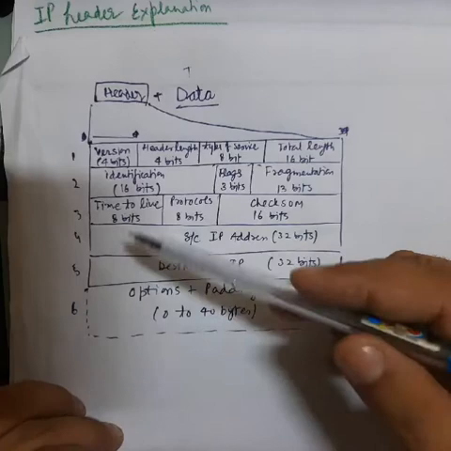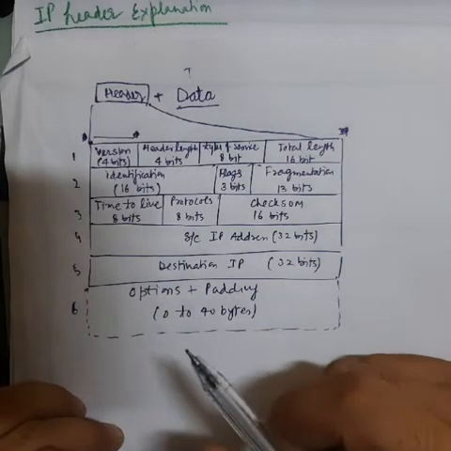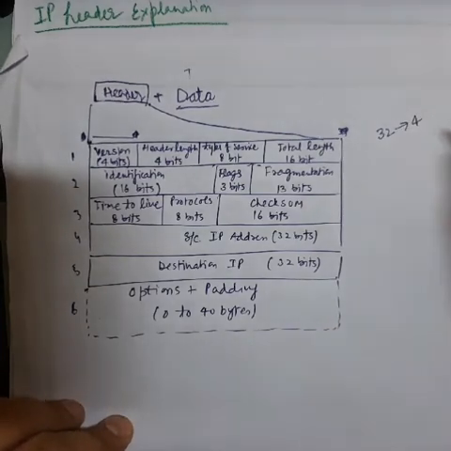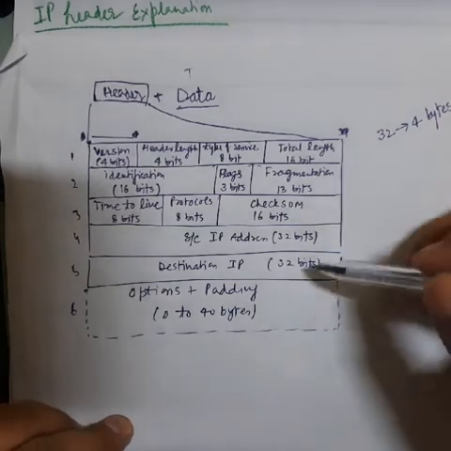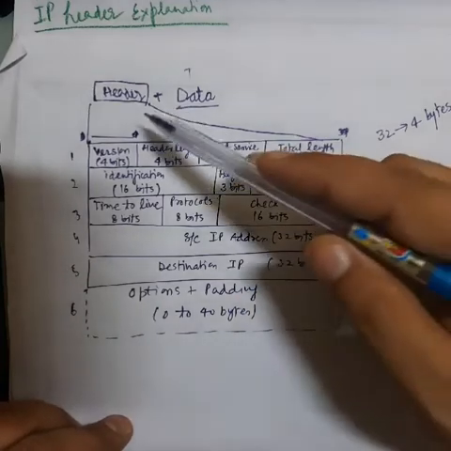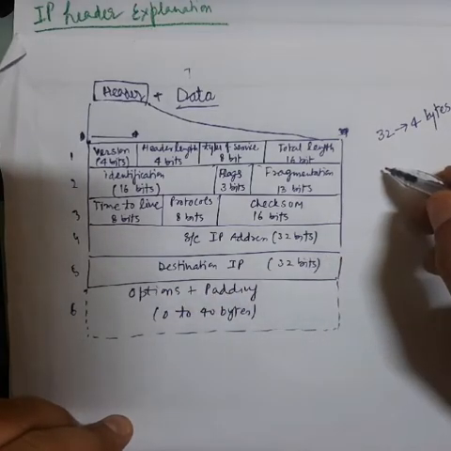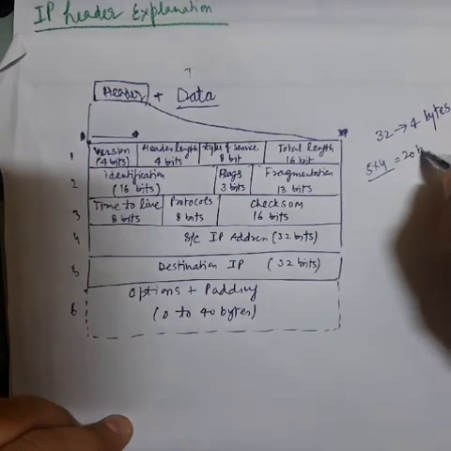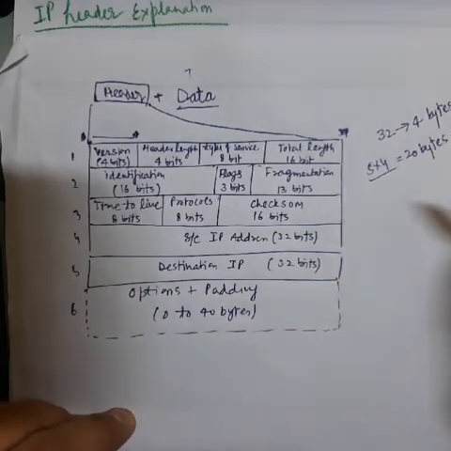As you know, in terms of bytes, 32 bits can be converted into 4 bytes. So the overall mandatory rows we use in the header are 5. So the total bytes in the header is 5 into 4. That means a total of 20 bytes is the minimum header length required in this header diagram.